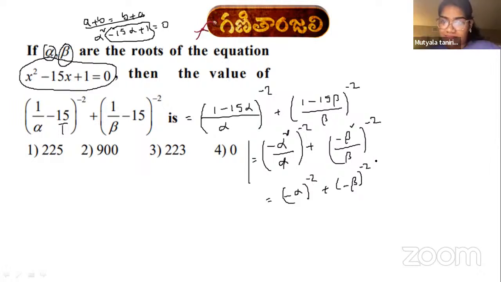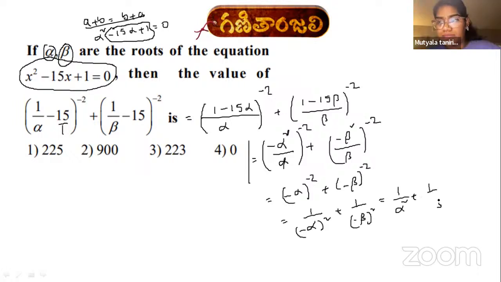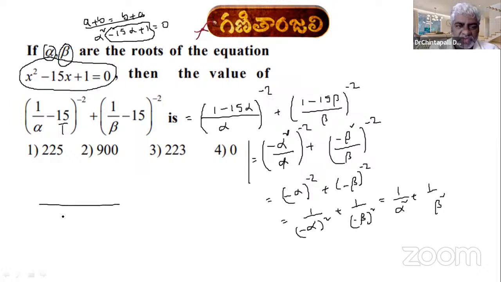Now (negative alpha) whole to the power of minus 2 is 1 by (negative alpha) whole square, plus 1 by (negative beta) whole square. It is 1 by alpha square plus 1 by beta square. LCM is alpha square beta square.